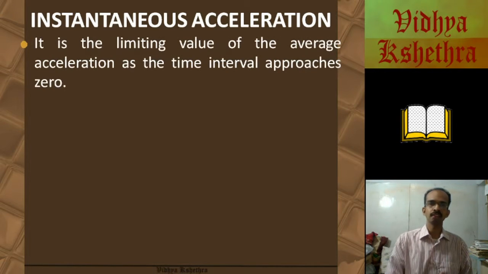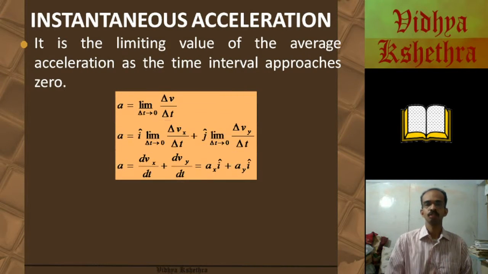Now, instantaneous acceleration. It is the limiting value of the average acceleration as the time interval approaches 0. That is, instantaneous acceleration is given by the formula limit delta t tends to 0 of delta v by delta t. That is, acceleration is equal to i cap limit delta t tends to 0 of delta vx by delta t plus j cap limit delta t tends to 0 of delta vy by delta t.